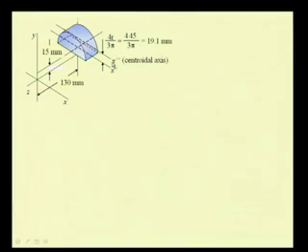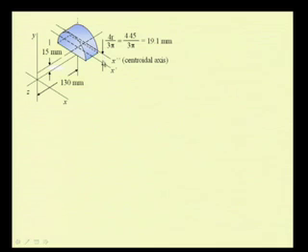The second moment with respect to x prime is known. So, from that we determine the second moment about the centroidal axis using the parallel axis theorem, and then we again apply the parallel axis theorem to compute the second moment with respect to the x axis when we know the second moment about the x double prime axis.